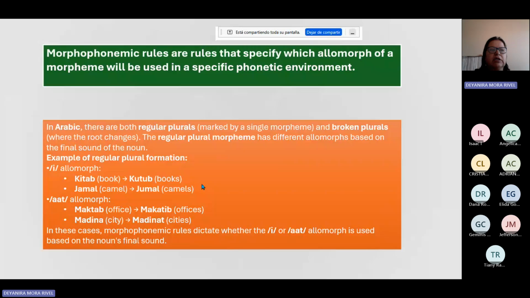So we can make plurals in English with S or we can change two O's for two E's in spelling. So goose and geese, tooth and teeth. And there are other ways of making plurals, not just one. So in English, there are also different types of allomorphs for plural.